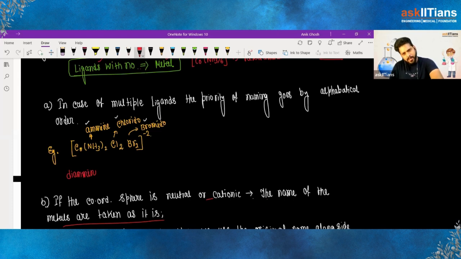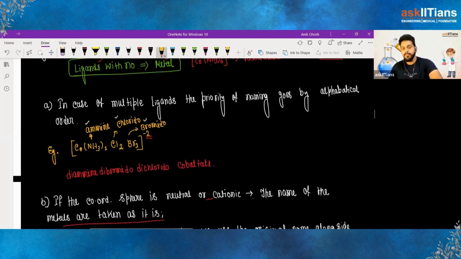You can start with a capital as well, no issues. Diamine, dibromido, dichlorido, then the anion, cobaltate.